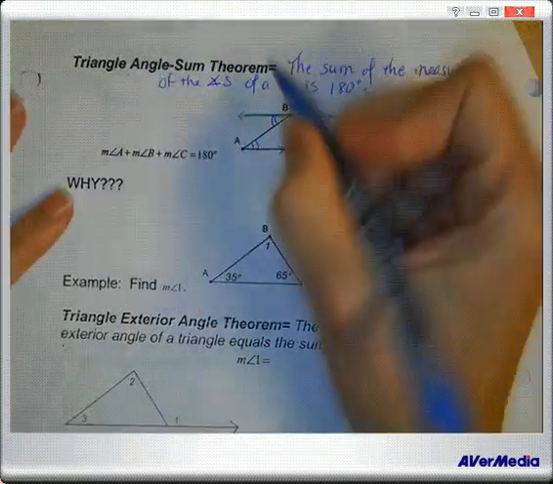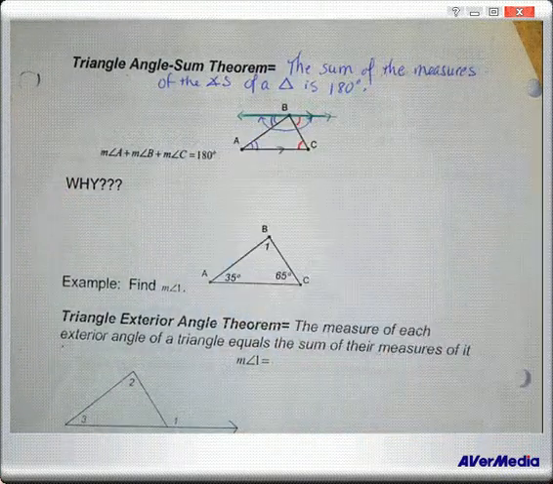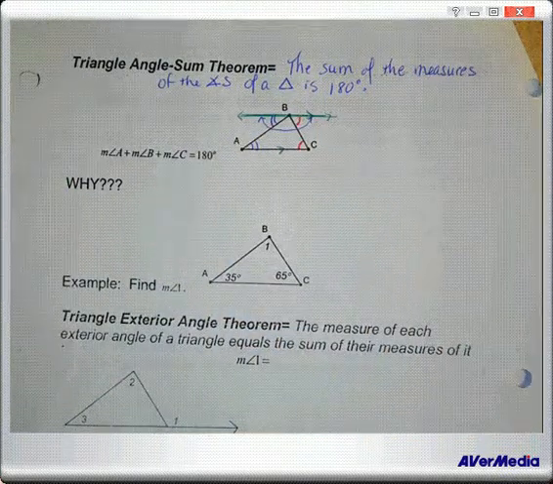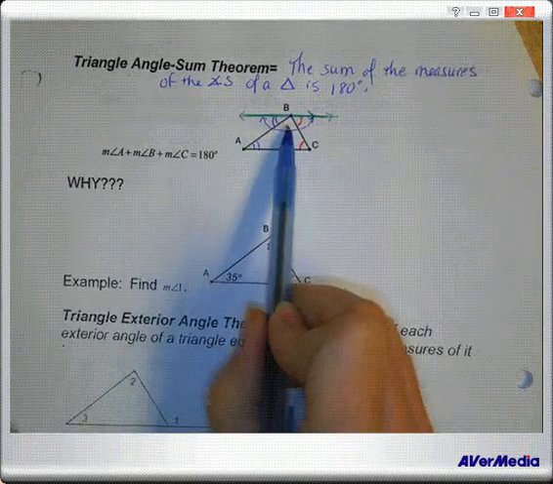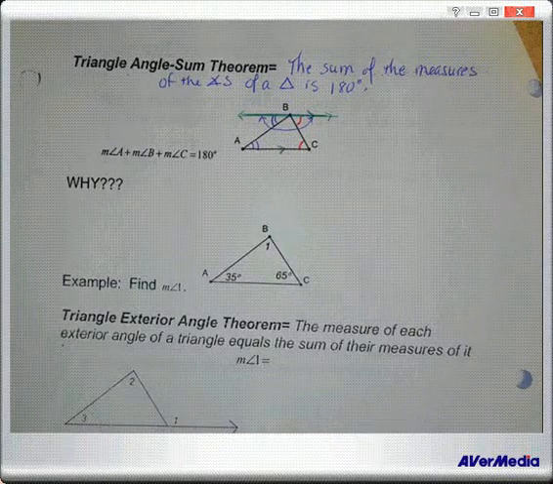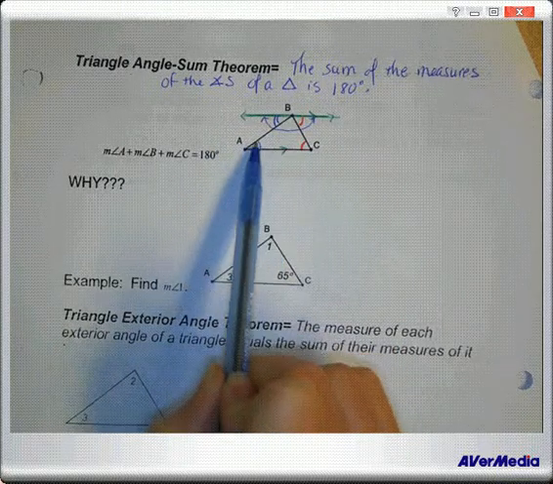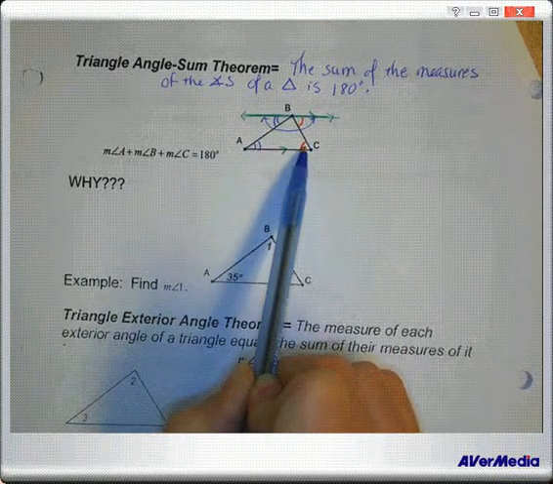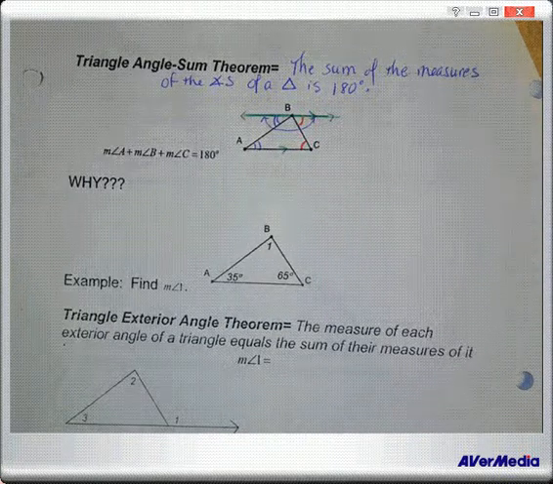Now, knowing that, what do these three angles right here add up to? Well, they add up to 180 degrees because the sum of the parts equals the whole. So it's 180. But if those three angles add together to 180, what does that mean these three have to do? Because they're all the same size, they add up to 180 degrees.